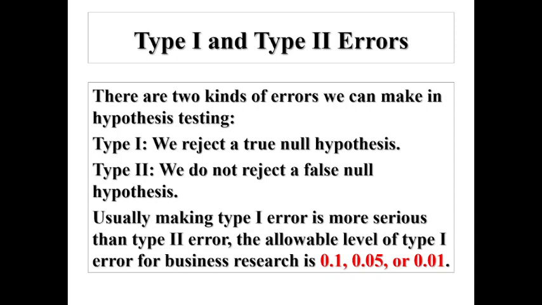Since we're testing 0, here is 0. So whether we subtract 0 or not really doesn't make any difference, right? So the numerator is just beta 1 hat, and this one is called the standard error of beta 1 hat.